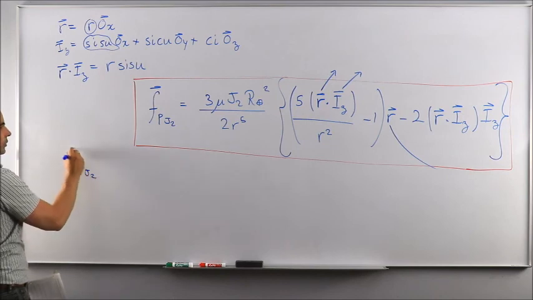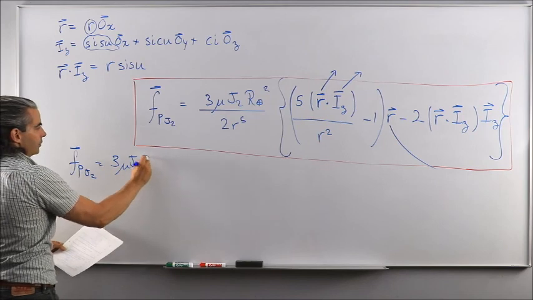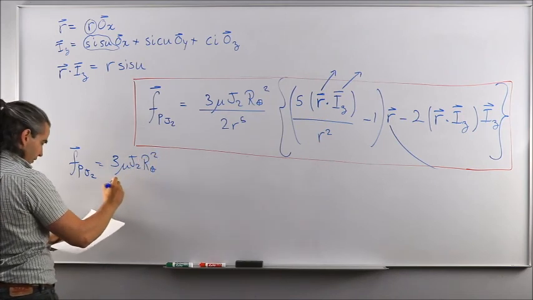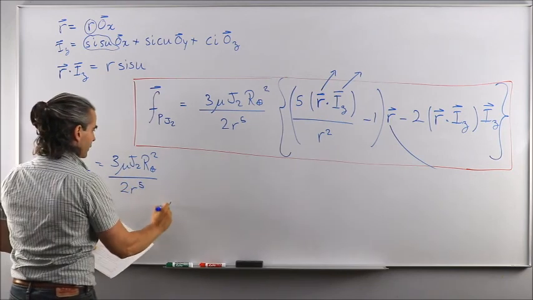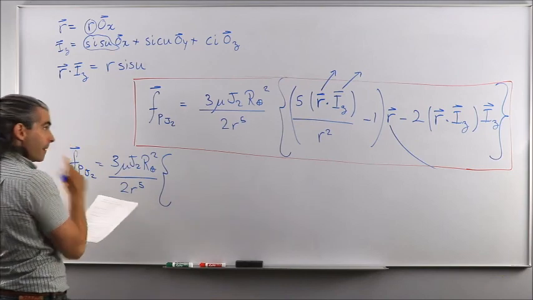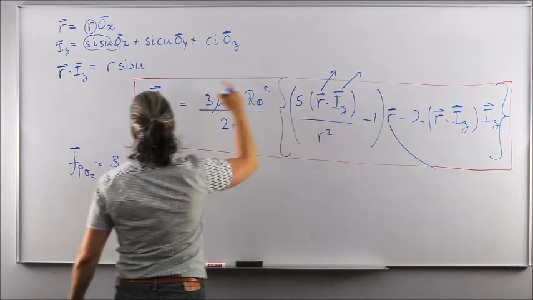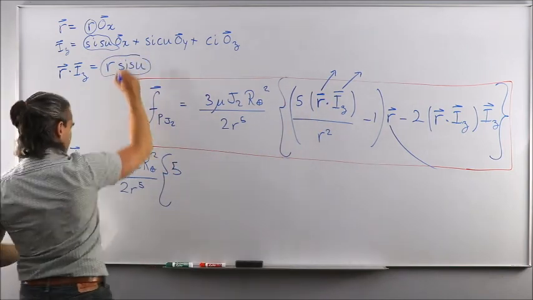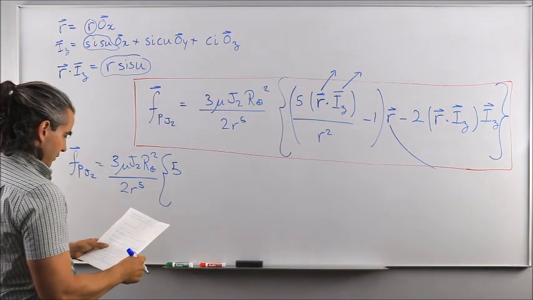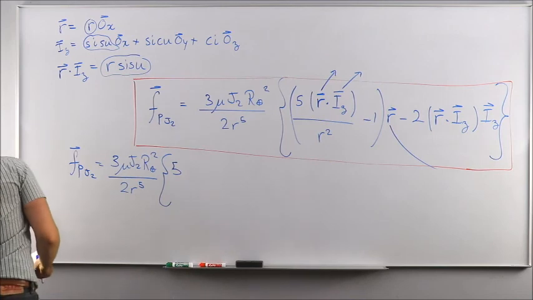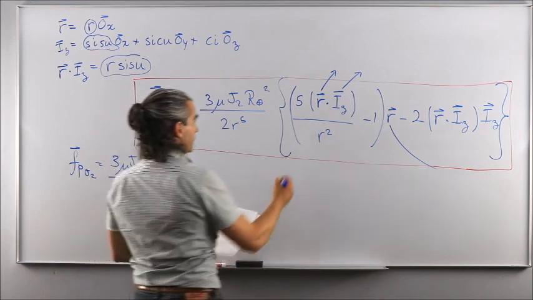FP J2 vector equal to 3 mu J2 equatorial radius of the Earth square over 2 distance to the power 5. Open a big bracket. Now I have 5 that multiplies R dot IZ, which is this. Wasn't this supposed to be square? Yes.